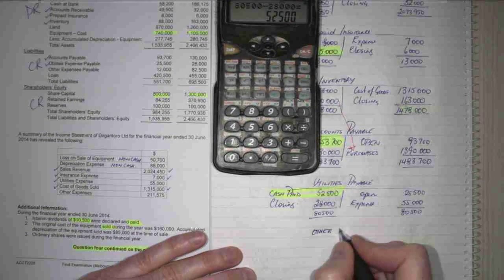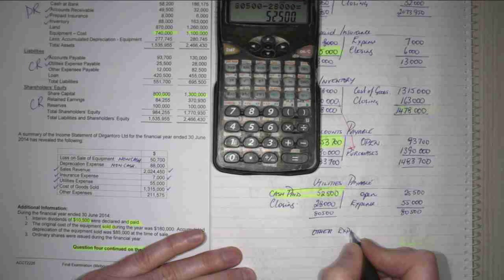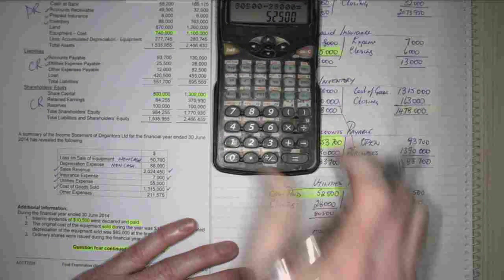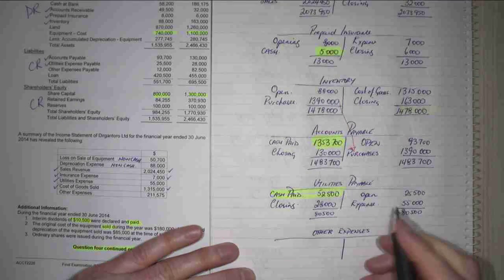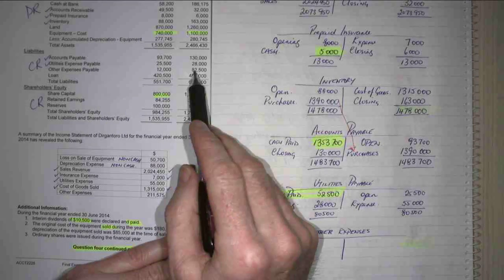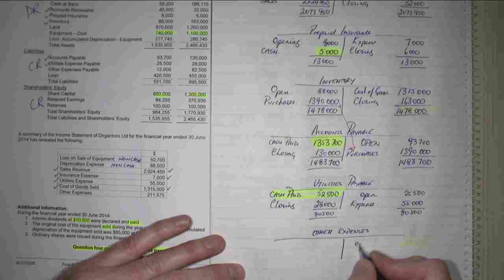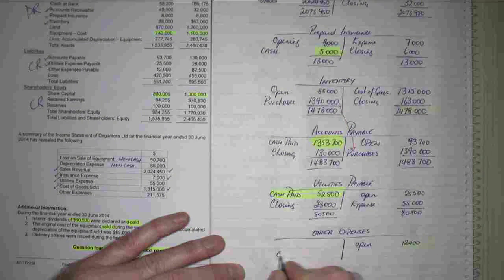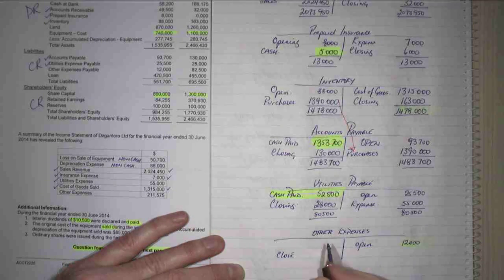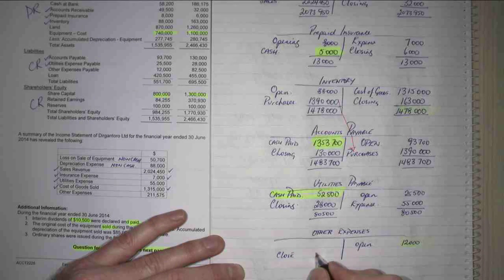I'll slide that up. What do we got? We've got an opening balance of 12 and a closing balance of 82.